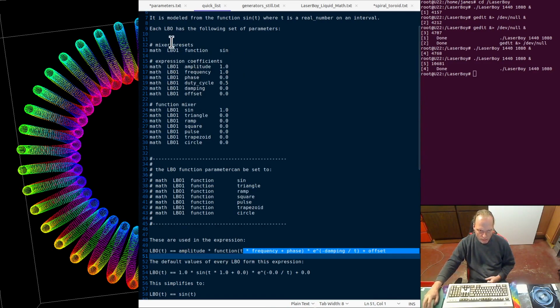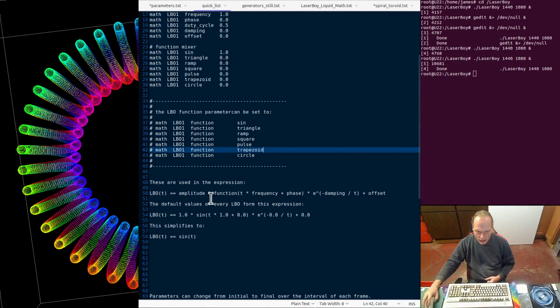that are associated with every LaserBoy oscillator class, we're using amplitude, the function, which is sine, triangle, whatever. There's t times frequency plus the phase times e to the damping factor. This is an exponent, on a natural logarithmic scale.